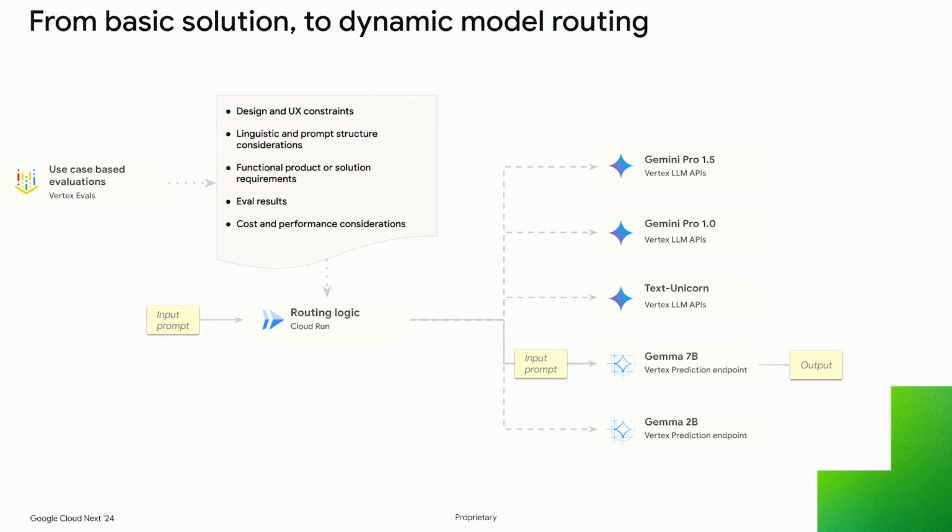If you look at how some of our more advanced customers, and how we ourselves here at Google Cloud, think about it, then it gets more interesting. You'd start using a model router. So how does a model router work? In a basic model router, you will have business rules and user input, and based on those you route to one model or the other from the Gemini and Palm family in order to get optimal performance.